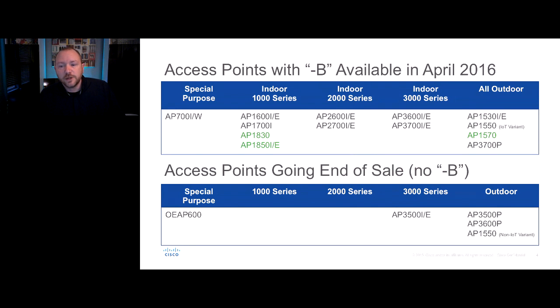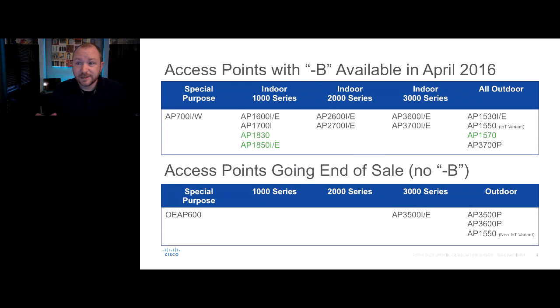There are a couple of access points that are going end of sale and will not have a -B designator. The Office Extend 600 access points, as well as the older AP 3500 series access points, and some of the older generation stadium access points.